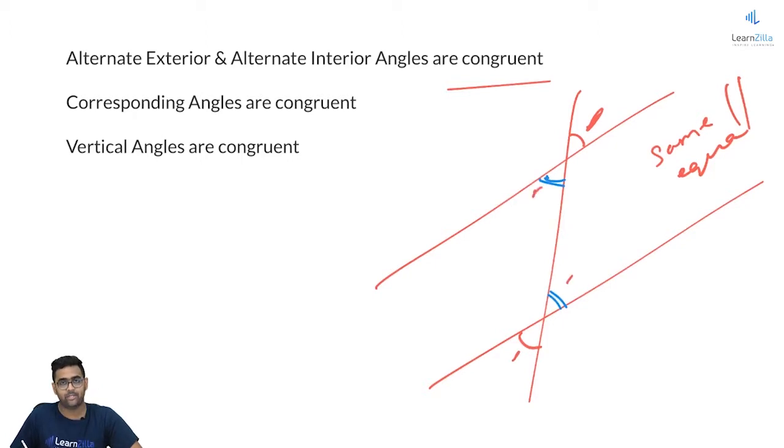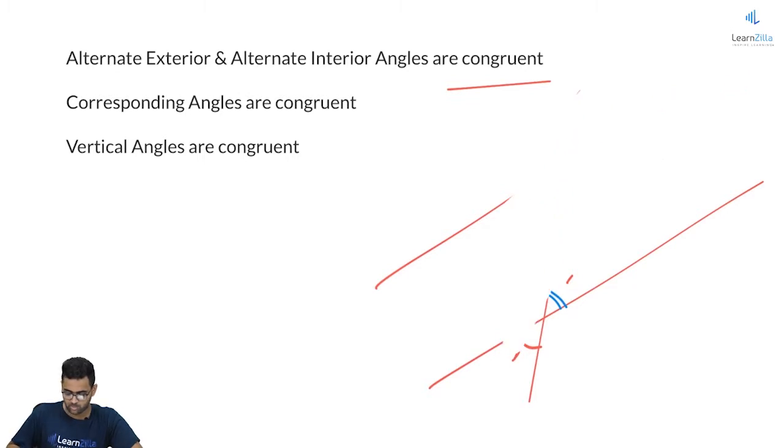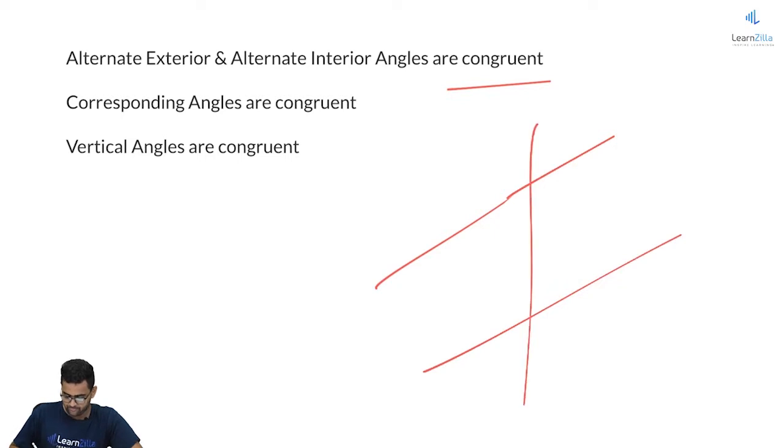Corresponding angles are congruent. We have already seen what a corresponding angle is; let us now revisit the concept. This and this are my corresponding angles. This and this are my corresponding angles.